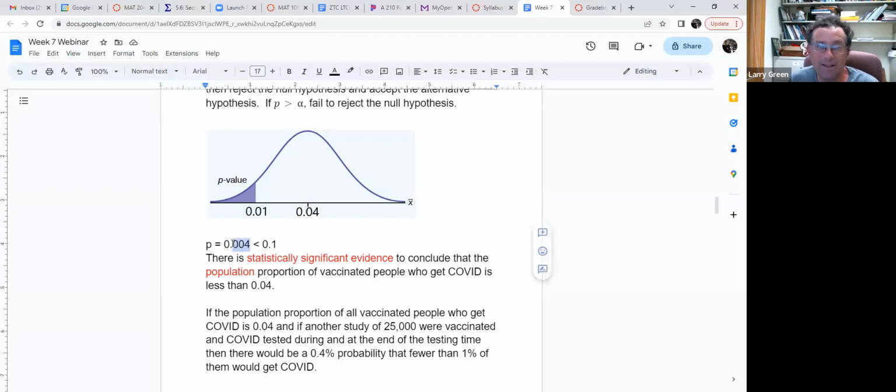That was our p-value, 0.4%. That fewer than 1% of them would get COVID because that was the percent of our sample that got COVID. Any questions at all on how hypothesis testing works so far and anything that we've done?